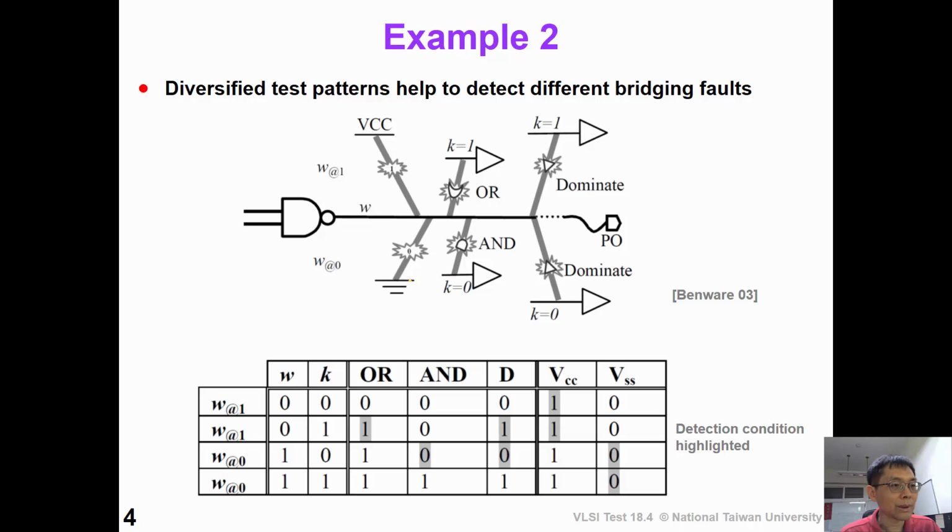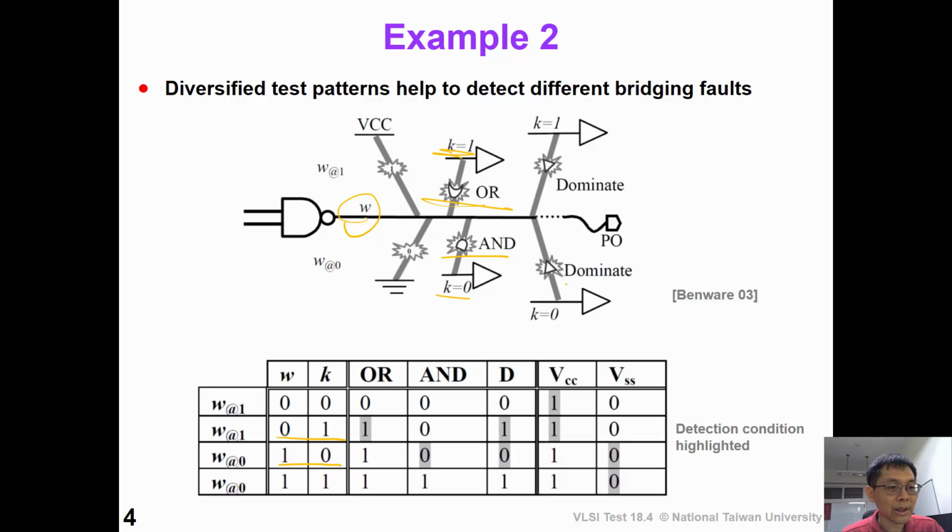Here is a more complicated example. Suppose we want to generate tests for wire W stuck-at fault. If we consider a wire OR bridging fault between W and K, in this case, we would need the pattern 0, 1. However, if we want to detect wire AND bridging fault between W and K, in this case, we would need test pattern 1, 0.